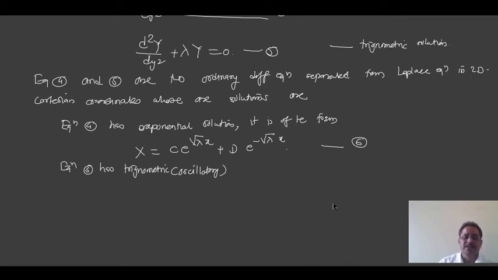So in this case the solution will be oscillatory or trigonometric, and it has the form y is equal to a times cos root lambda into y plus b times sine root lambda into y. This is equation number 7.